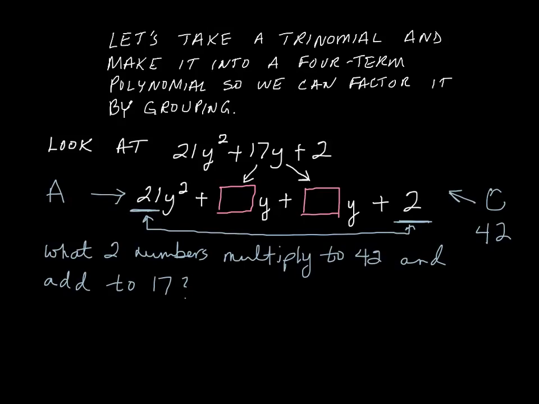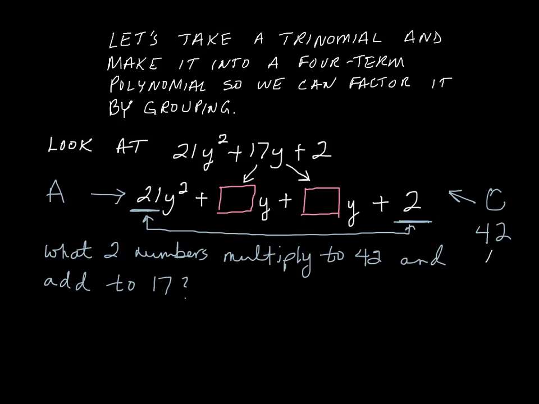You have to think kind of out the box. I need two numbers that multiply to 42 and add to 17. Well, sometimes you can't think of them right away, so you have to kind of make a list. I go off to the side and make my list.